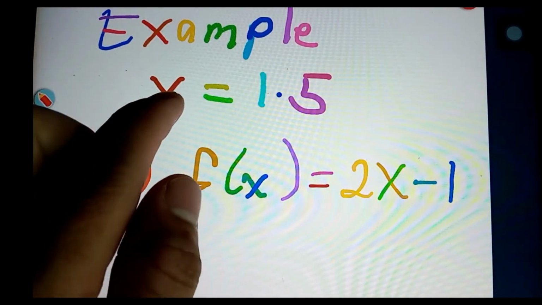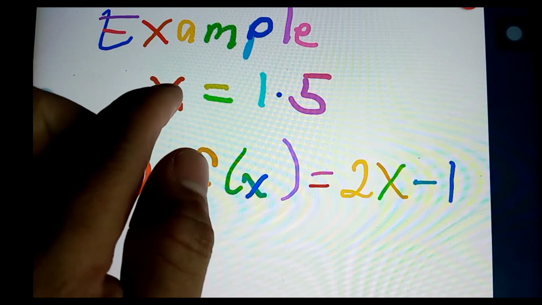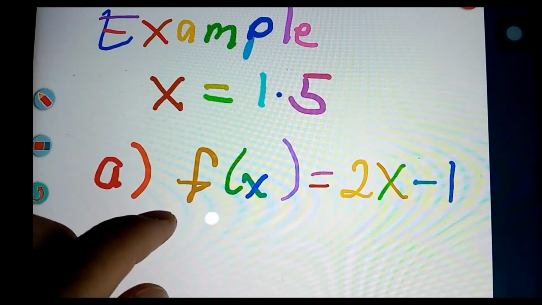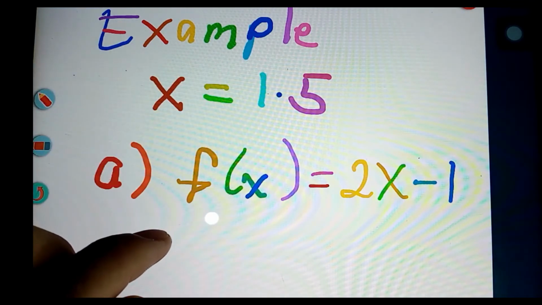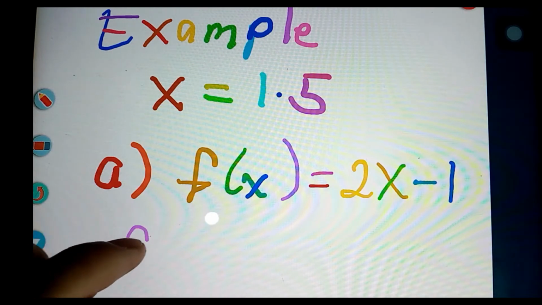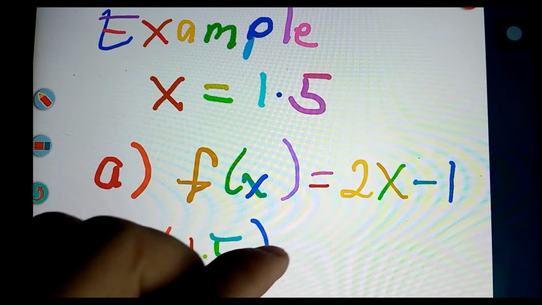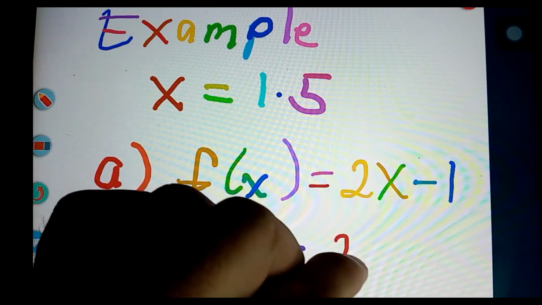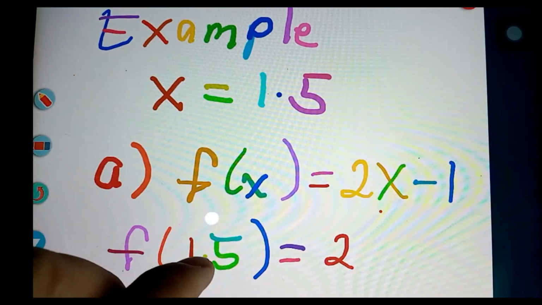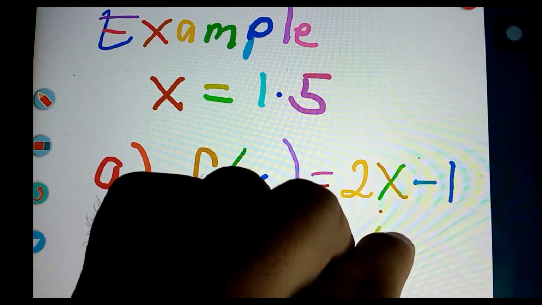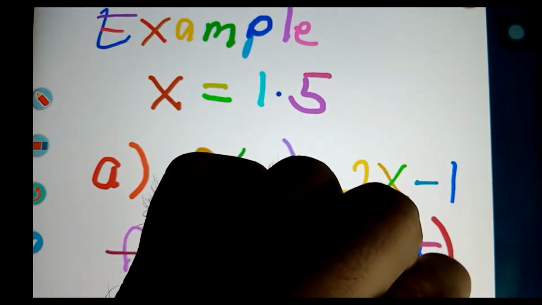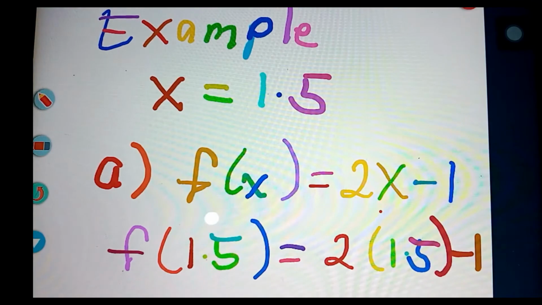Since we have the value of x which represents the domain, 1.5, by replacing it we have f of 1.5 equals 2 times, instead of x, we substitute the 1.5, minus 1.